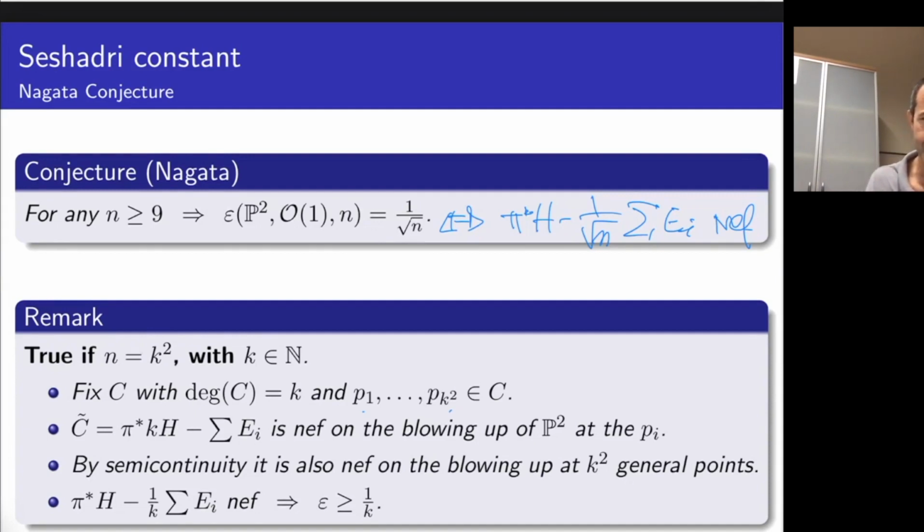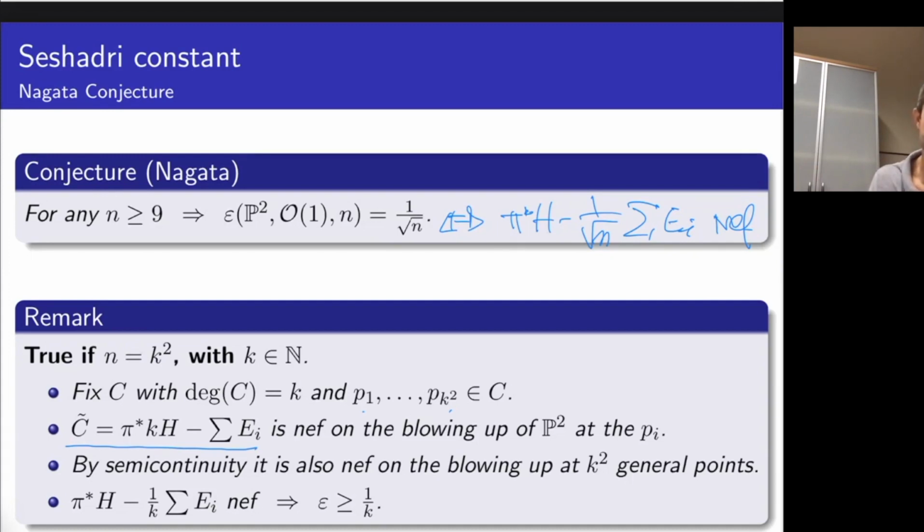But anyway, we blow up P2 in this bunch of points, and we consider the strict transform of the curve C. The class is k times the pullback of H minus the sum of the Ei.